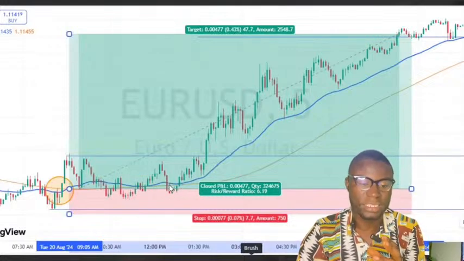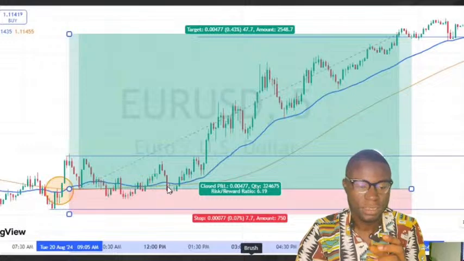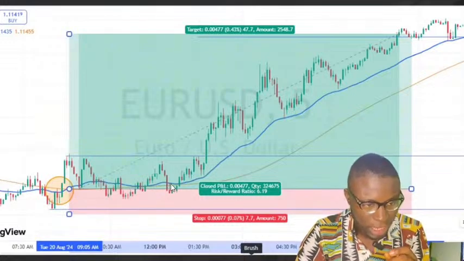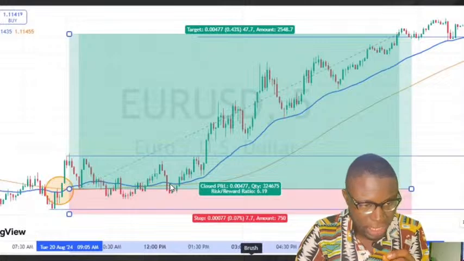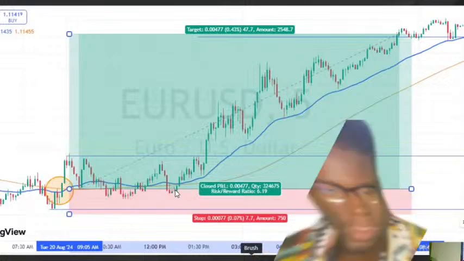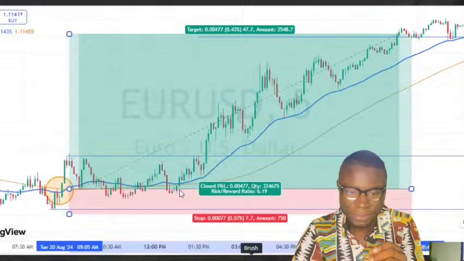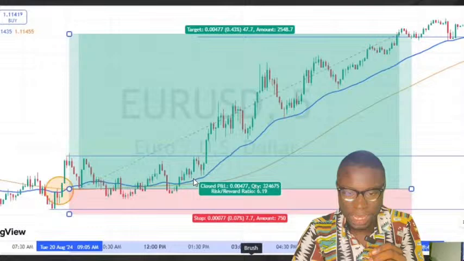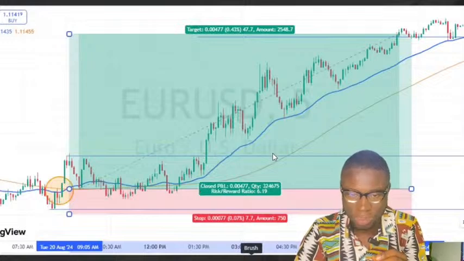So if you use it as a trailing stop, you are not going to make any headway. So you have to allow it to move to the next step in your favor without using the moving average.